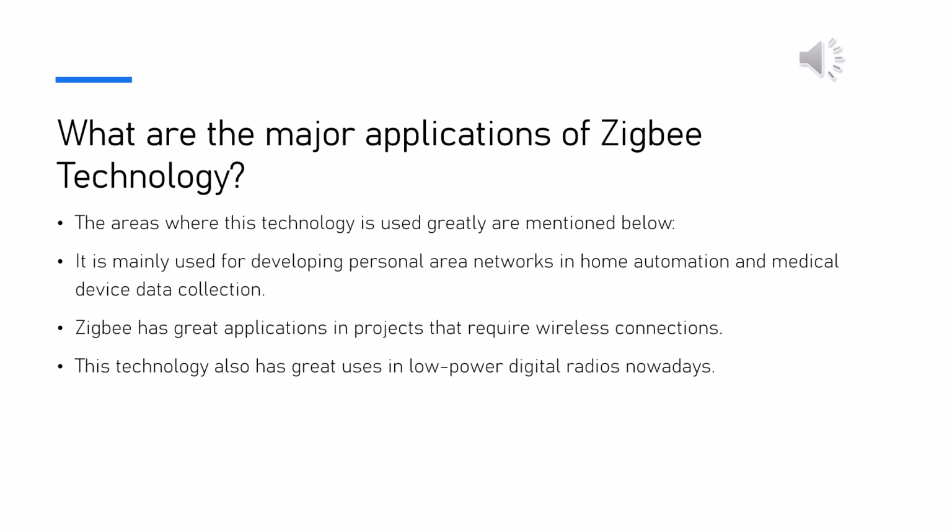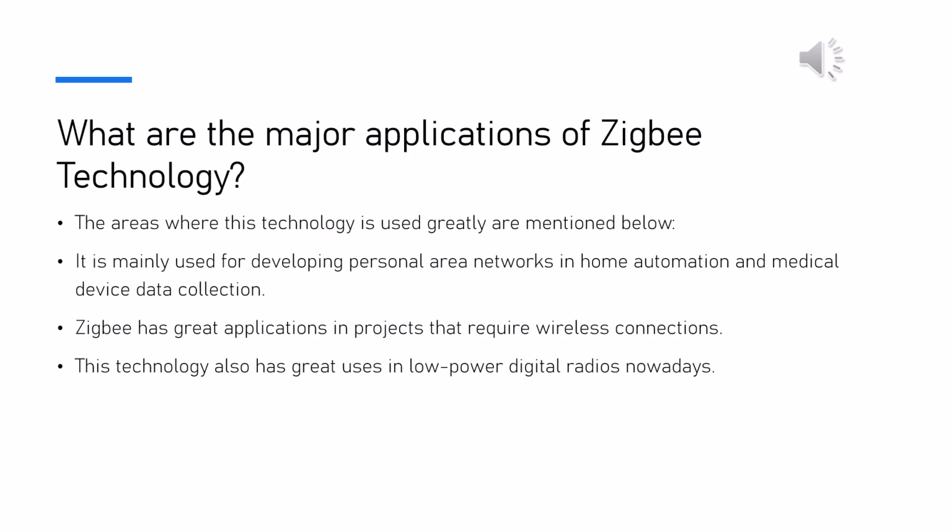Also, it is used in smart energy and smart grid, AMR, which is called automatic meter reading, lighting controls, building automation systems, tank monitoring, HVAC control, and also medical devices. ZB has great application in projects that require a wireless connection.